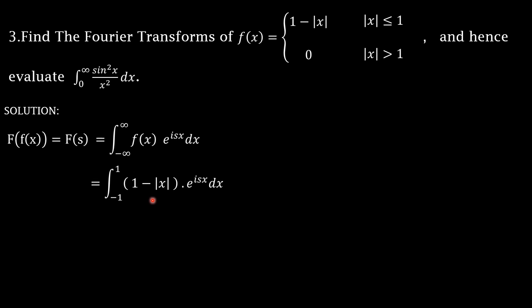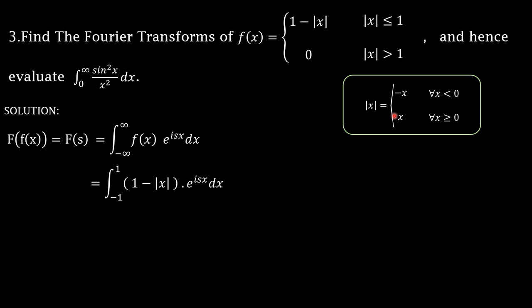And what is the function in the interval minus 1 to 1? The function is 1 minus mod x, right? And from the definition of mod x, we know that mod x is equal to minus x for all those x less than 0, and it is equal to x for all x greater than or equal to 0, right? So let me divide the interval minus 1 to 1 as minus 1 to 0 and 0 to 1.